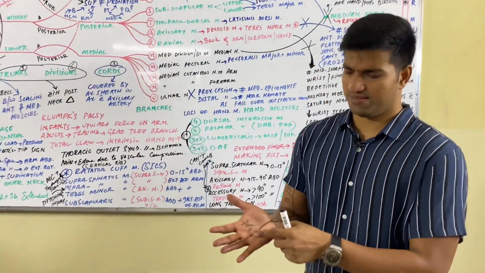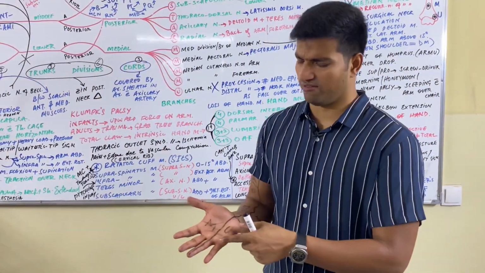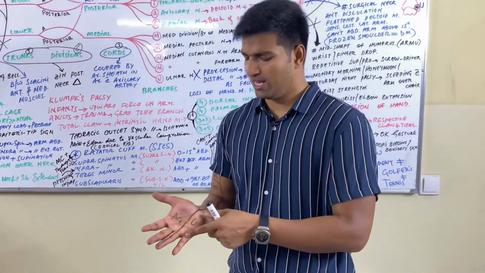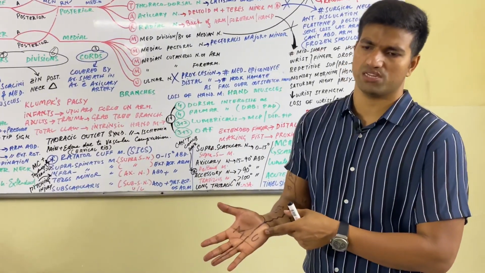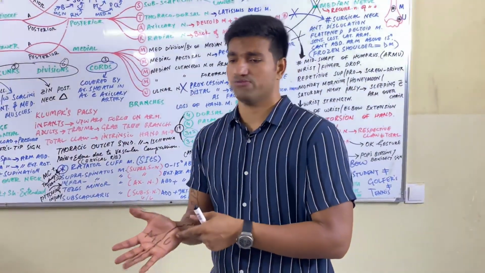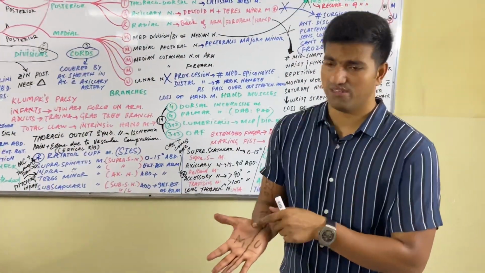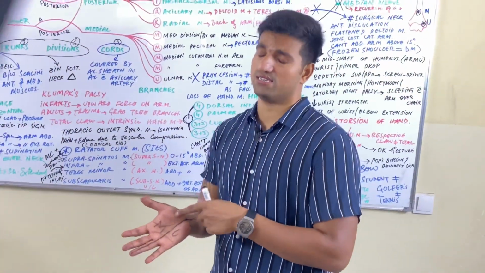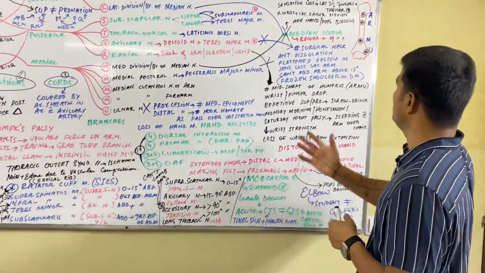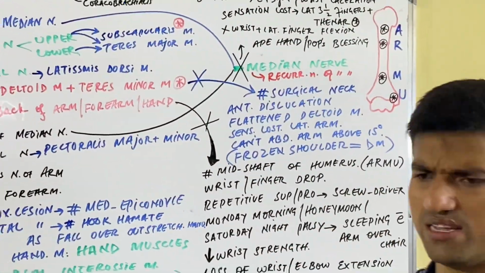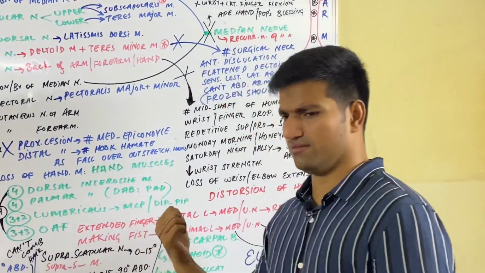And the medial 2 lumbricals plus 4 dorsal interossei, 4 palmar interossei and 3 hypothenar muscles make 14. So 14 out of 19 muscles of the hand get innervation by the ulnar nerve and 5 out of the 19 by the median nerve. Then we will discuss the hand distortion later on.